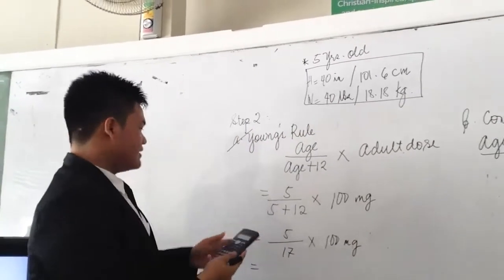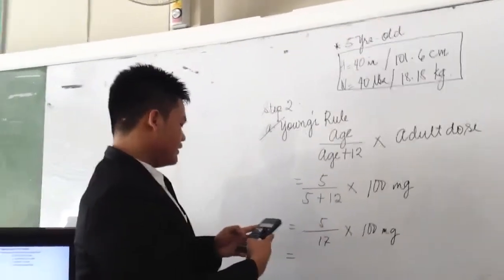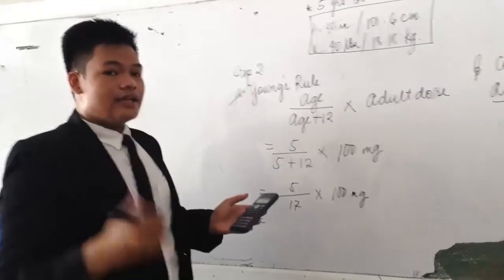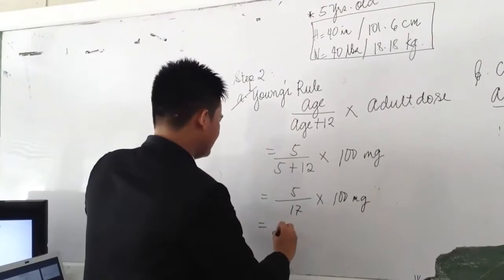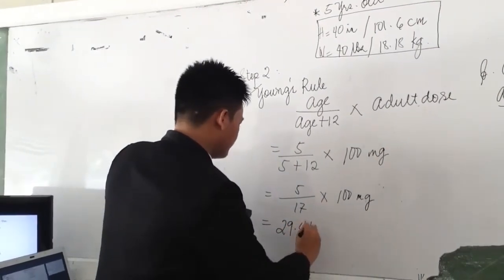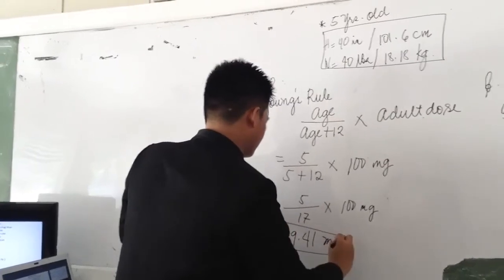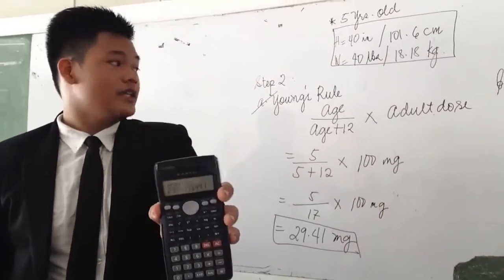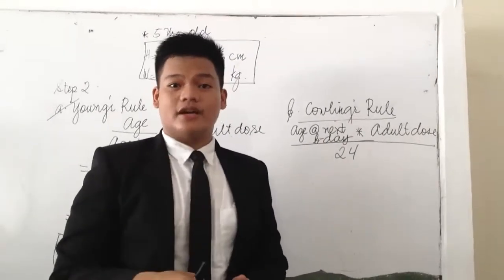So, basing from Young's rule, 5 divided by 17 times 100, the patient's dose is 29.41 milligrams.